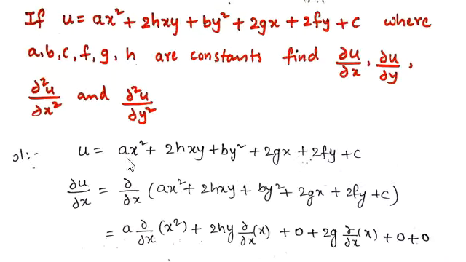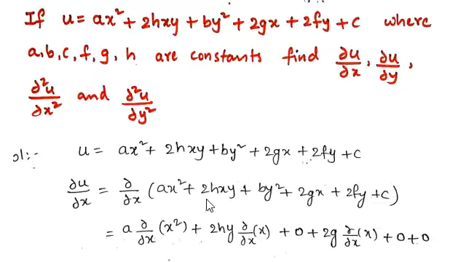Here u is given as ax² + 2hxy and so on, and first of all we are finding ∂u/∂x, the partial differentiation of u with respect to x. When you apply ∂/∂x to every term, a is constant, so we have ∂/∂x of x².